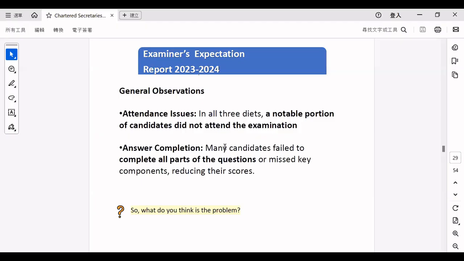And obviously, some of the candidates have to work very hard during office hours as well. How much time should you spend to prepare for this examination?